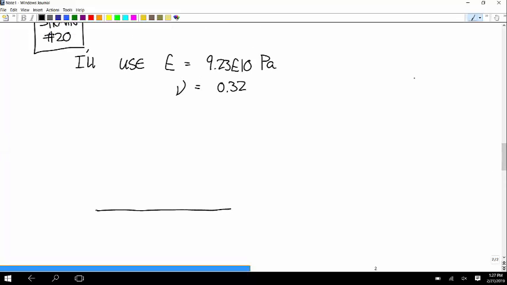So this is stress, this is strain, and our linear elastic region goes up to this value of 1.5 times 10 to the 7.